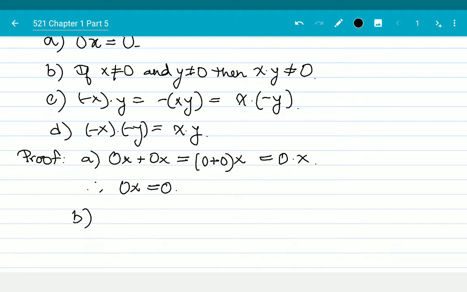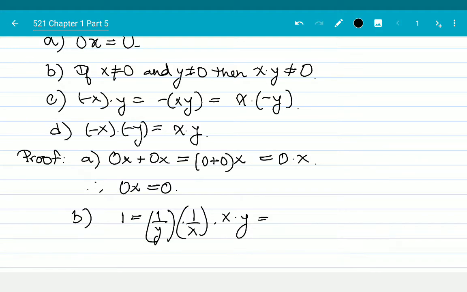Proof of B. If x and y are not equal to 0, and we have xy equal to 0, then 1 is equal to 1 over y times 1 over x times xy. Is that correct? Yeah.